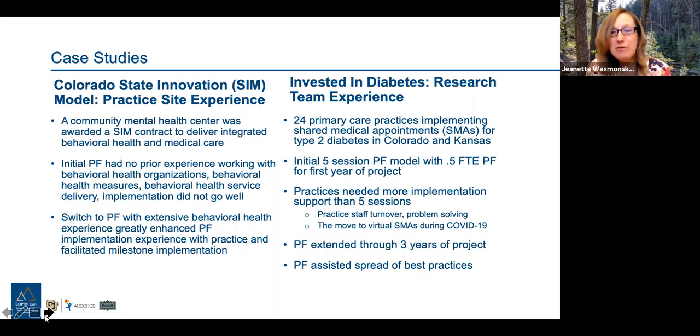And it was really good that we set this up this way, because halfway through implementation, this little thing called the pandemic hit, and we had to move all of our practices to virtual shared medical appointments, or the ones that could move to virtual shared medical appointments. And that's where our practice facilitators really worked hard to help those practices problem solve and figure out what they needed to do for keeping the intervention running.